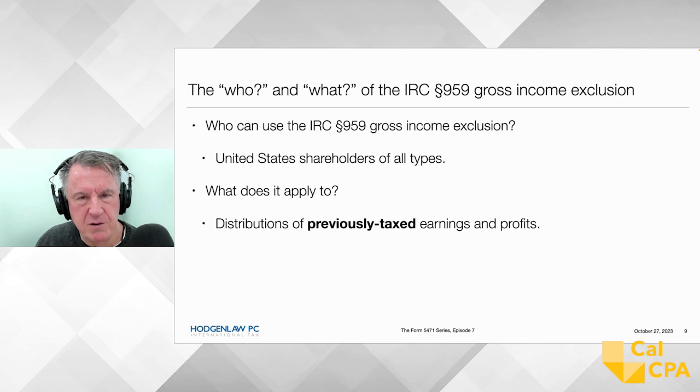The sequence is, the way you do it is you compute E&P first at the CFC level. Second, you do the gross income inclusion for Subpart F income or global intangible low taxed income for the current year. And then you say, okay, that's already been included, even though it's momentarily and metaphysically a nanosecond before we made the cash distribution.